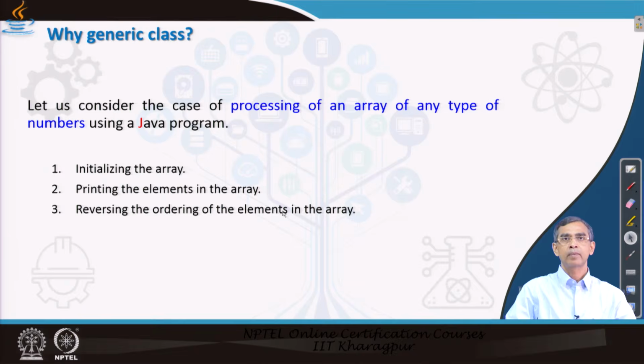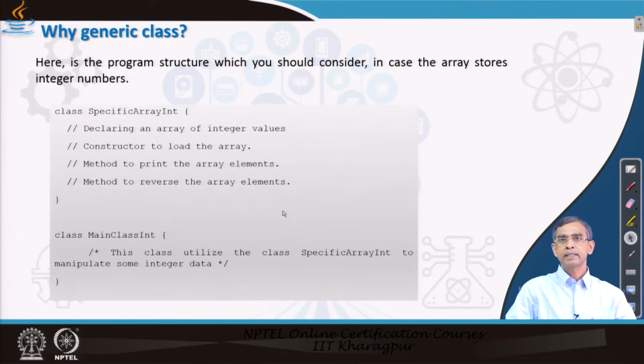This is basically the structure of the program that you should have in order to deal with this, and in this case we are only considering that the elements should be stored in the array as integer. So, we can write a program, and the name of the class, for example, can be given as specific array int.